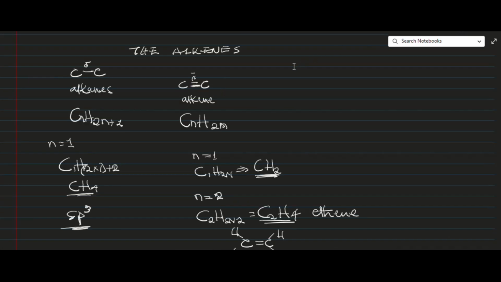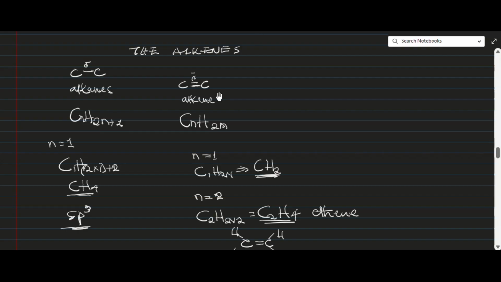If you want to summarize everything we learned today regarding the alkenes, we started with the general molecular formula, that is CnH2n, and also the functional group, which is carbon to carbon double bond.